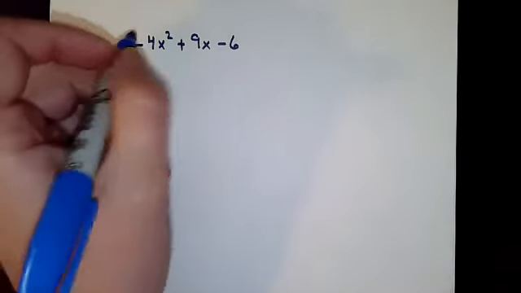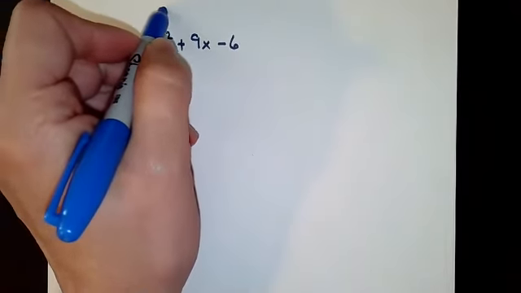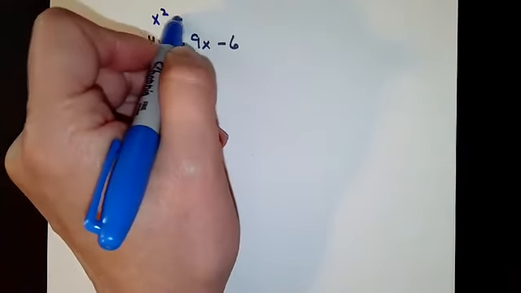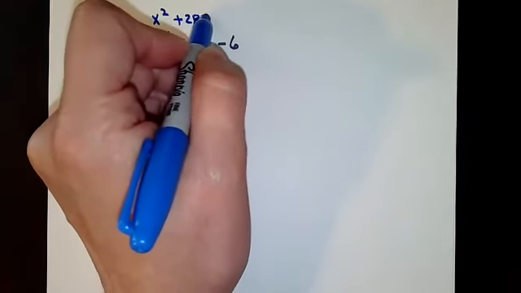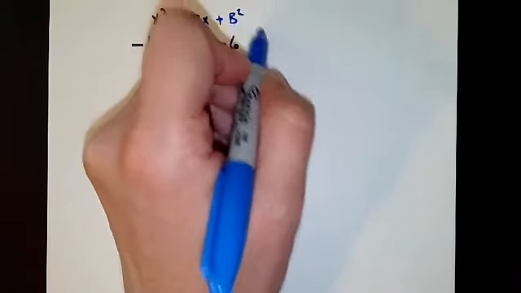Okay, and you're back. So we're completing the square. We know we have to work with the pattern, x squared plus 2 times bx plus b squared.